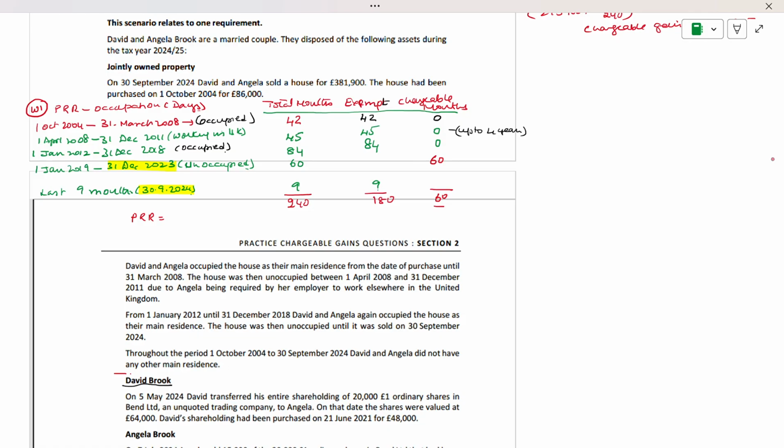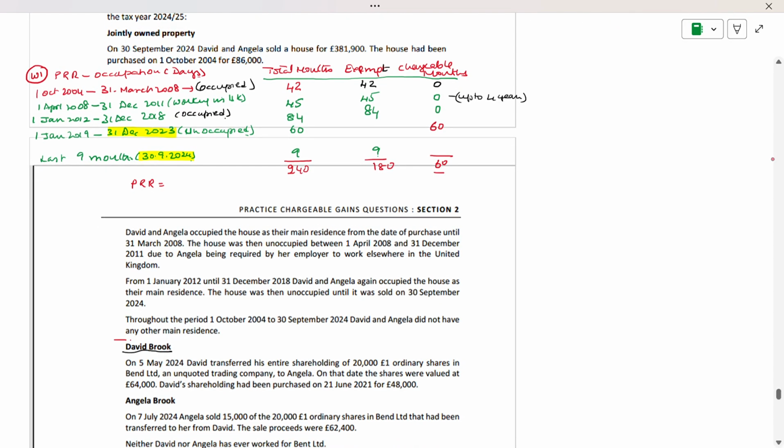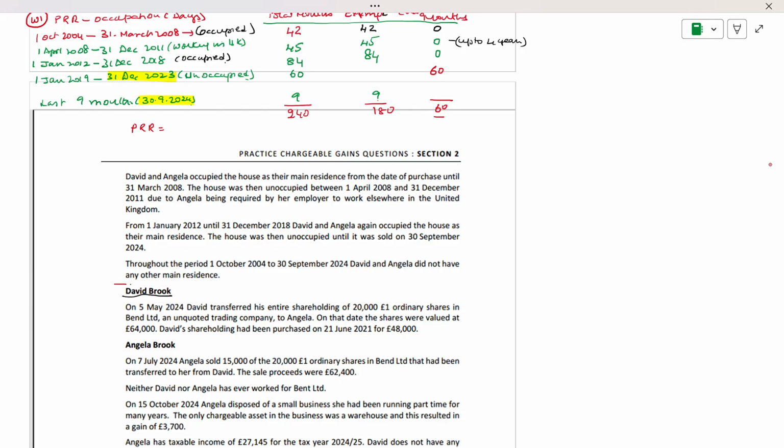About the next one, what is the shares question? On 5th May, David transferred his entire shareholding of 20,000 shares in an unquoted company to Angela. On that day, the shares were valued at 64,000. The shareholding was purchased for 48,000. What do we have to do?